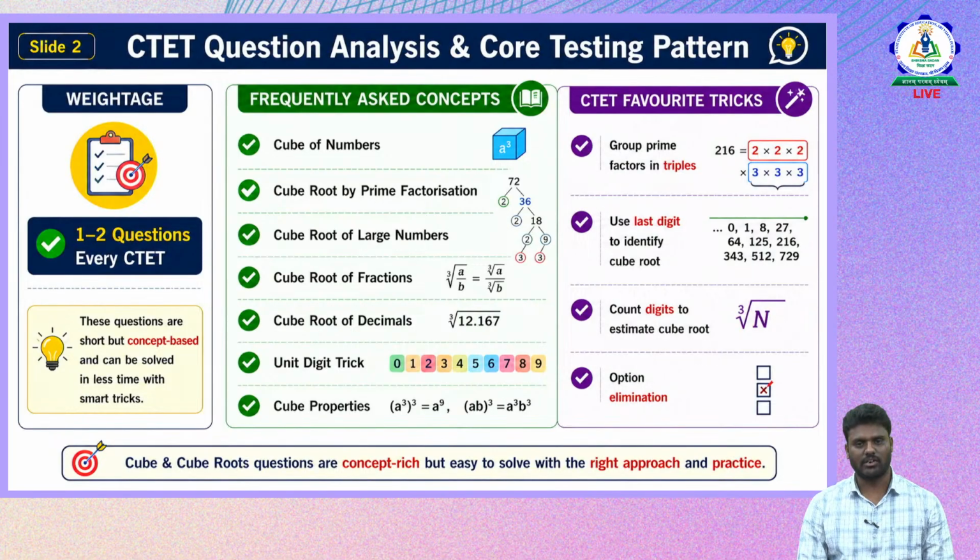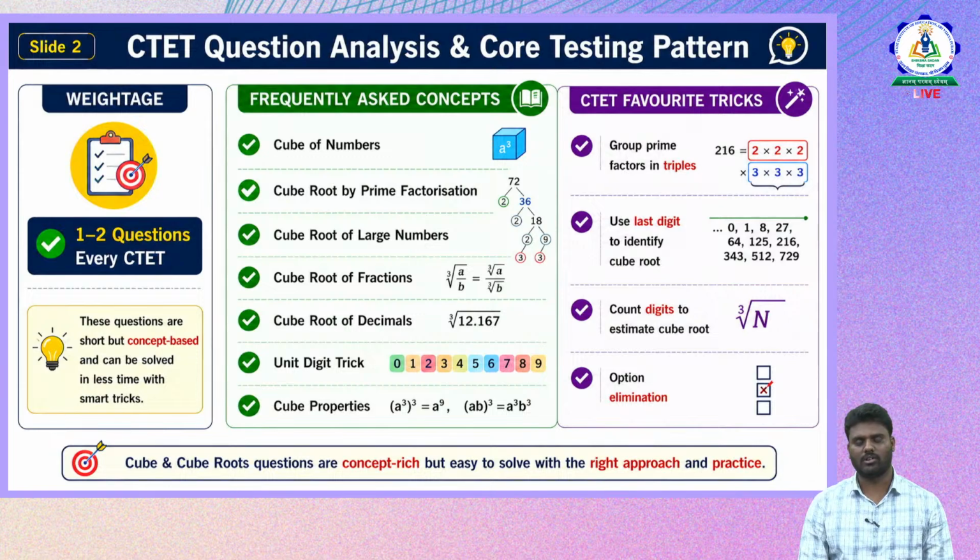Whenever we are trying to solve cube and cube root problems, try to remember some tricks. First, group prime factors in triplets. Whenever you do the prime factorization, make it into triplets. For example, for 216, the factors we can write as 2 into 2 into 2, 3 into 3 into 3.